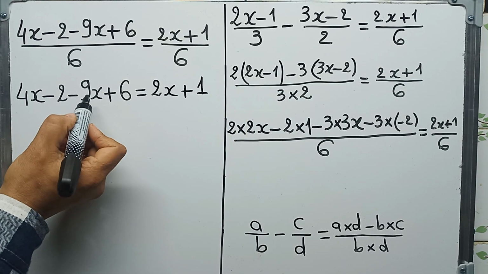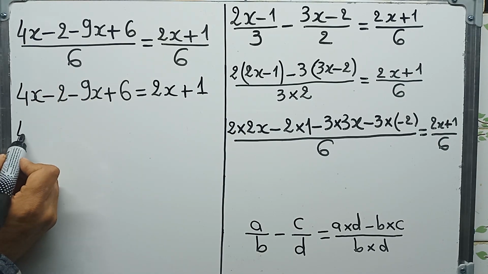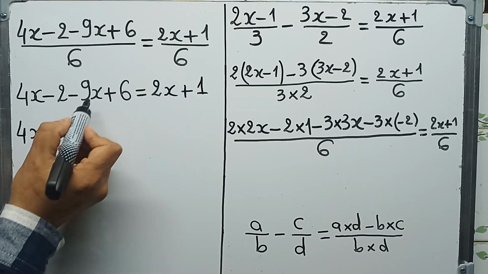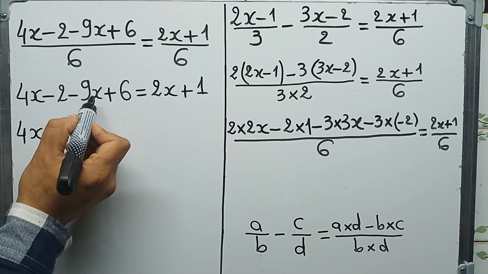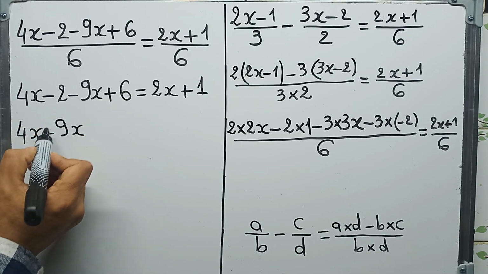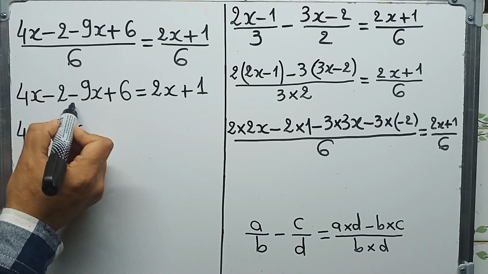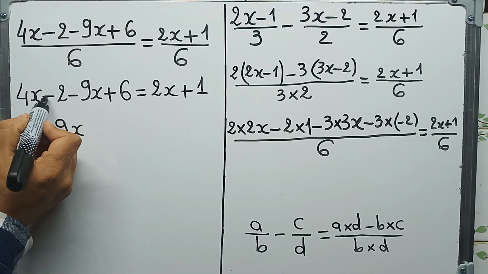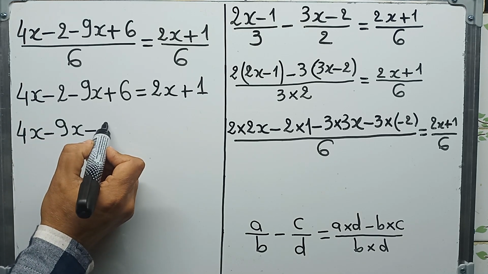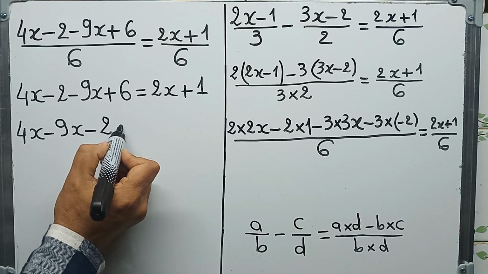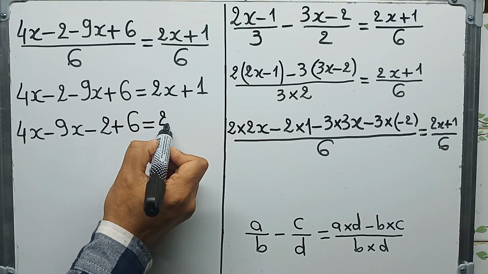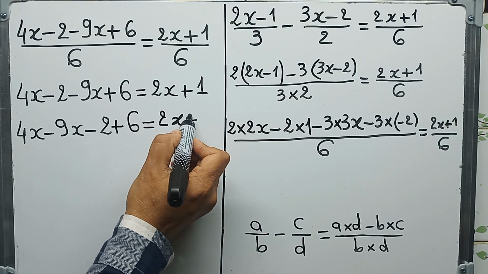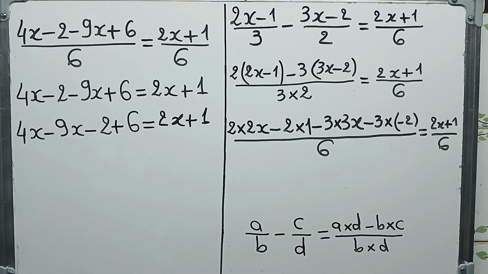And here you continue, variable nearer to variable, 4x minus 9x. Here the number goes with the sign minus. This sign belongs to 9x. This minus 2 goes here, and plus 6 equals 2x plus 1.